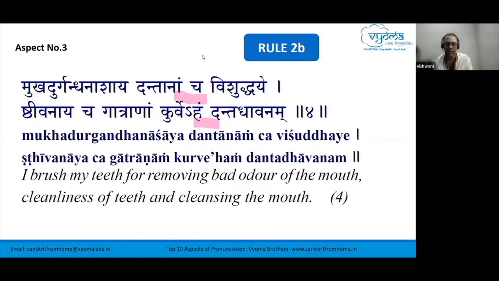Okay, we have to again focus on the Mahapranas correctly. Mukha, Durgandha, Dha, Mahaprana. We have to say it properly. Vishuddhaye, even that we have to say it properly. Start focusing on that. But the question is about those two pink marks which we have marked. How should we pronounce that? Can you pronounce that portion again?